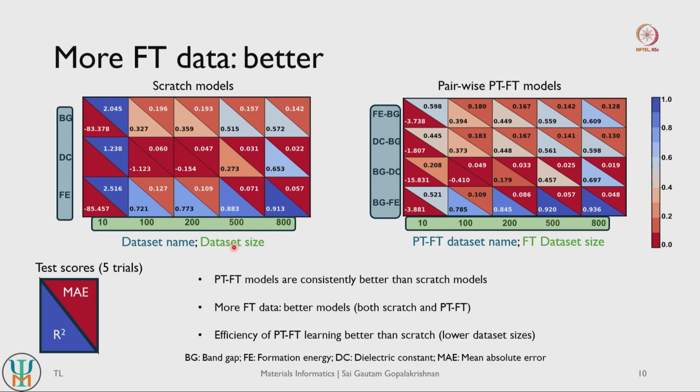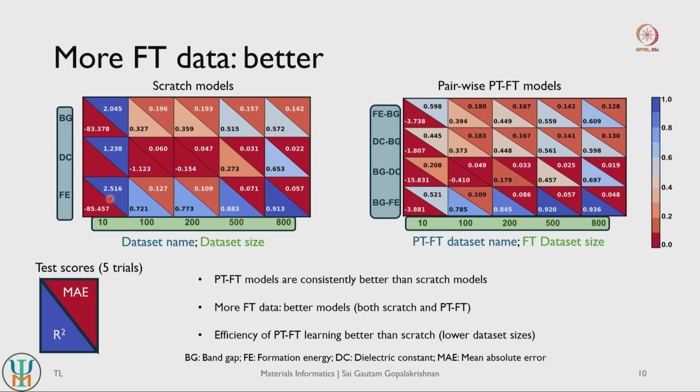The data set size is the overall data set size combining both the training and the test sets. So within the 10 data set size, 9 data points are used for training and 1 is used for testing. Within 100, 90 are used for training, 10 for testing and so on. So these are 5 different data set sizes, and I am presenting 2 scores here. The lower triangles indicate your R2 scores and the upper triangles indicate your mean absolute errors, and both of these scores are for test sets and are all 5-fold cross validated.